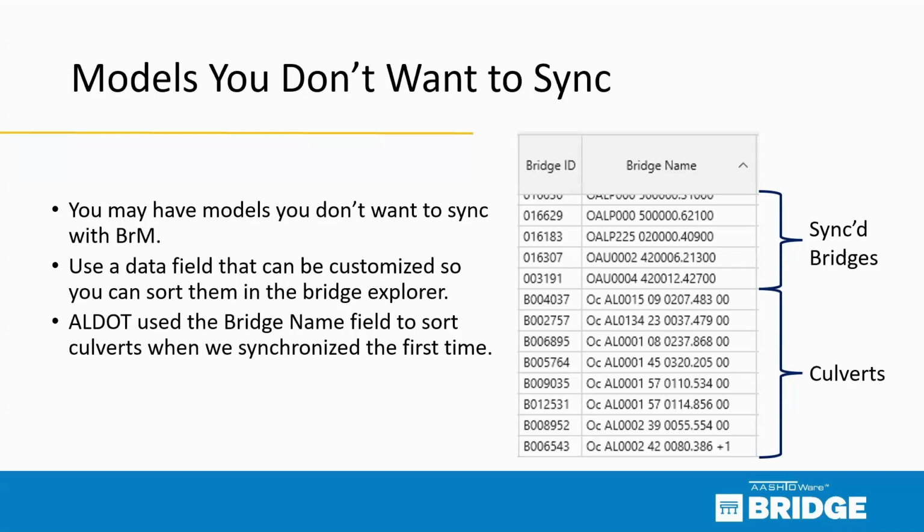That way, when you get ready to sync your entire database, you can simply sort by bridge name, and then all those bridges that you don't want to sync will be grouped together so that you don't select them when you go to select all the bridges that you want to sync. So you could use any other data field. It doesn't have to be the bridge name, as long as it's not the NBI structure ID or the bridge ID, since those will have to sync up.